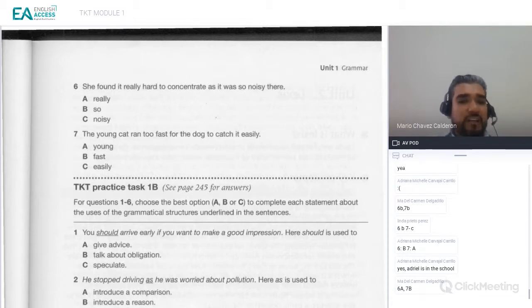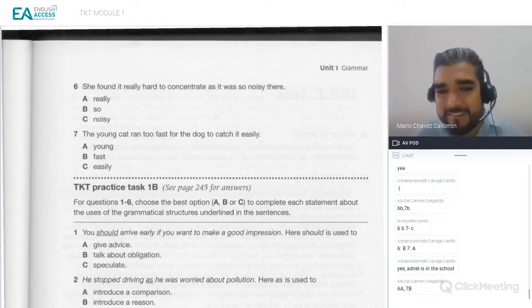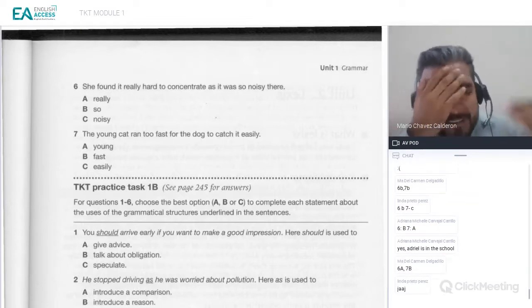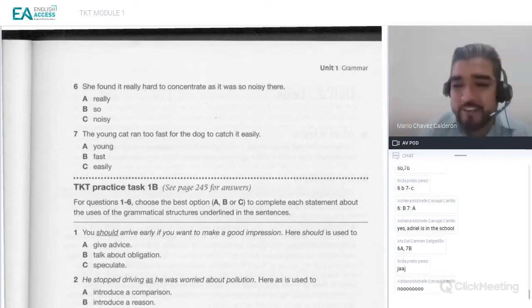"She found it really hard to concentrate as it was so noisy there." Really? So noisy. The answer, ladies, I'm afraid to say, is letter C. Letter C.